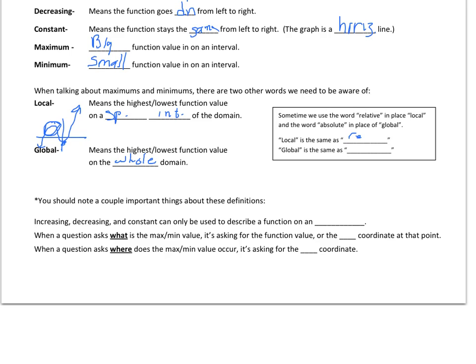You also hear it called a relative max or min. And then global, you might hear called absolute. I will actually use local and absolute, so get some of each.